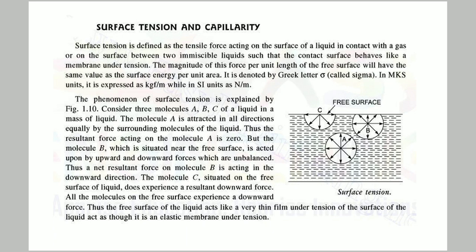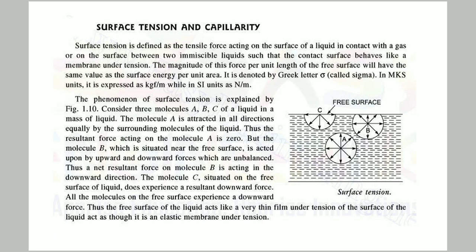See this picture. Consider three molecules of a liquid. Here the molecule A is deeply immersed somewhere in the middle, and it is equally attracted in all directions by the adjacent molecules. B is partially near the upper surface, so it is not equally attracted in all directions.